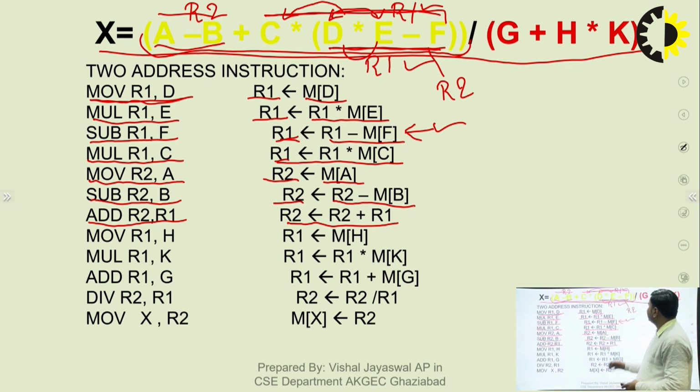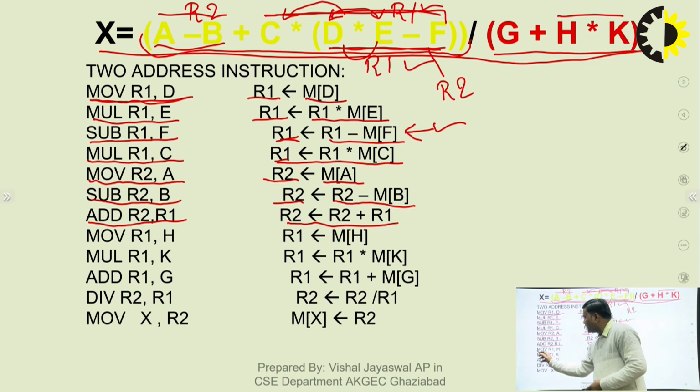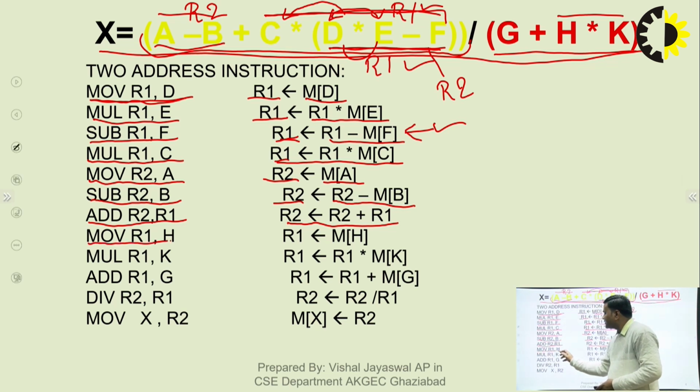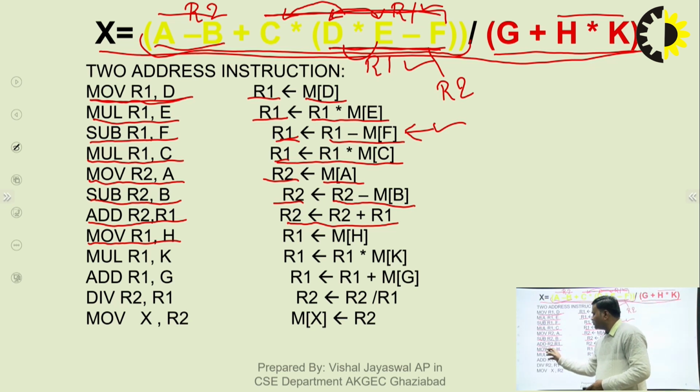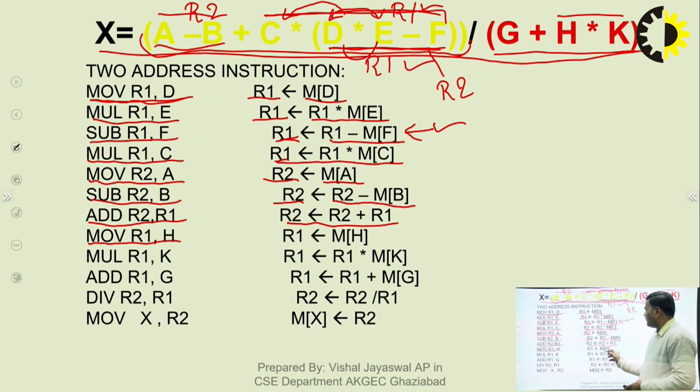So here we can see that in the denominator part we have G plus H into K. For solving G plus H into K, we solve this part first, that is H into K, and for this first we move H from the memory and take it into the processor. So we are using move instruction for fetching H from the memory into the processor. So move R1 comma H means we are fetching M of H and sending it to the R1 processor register.